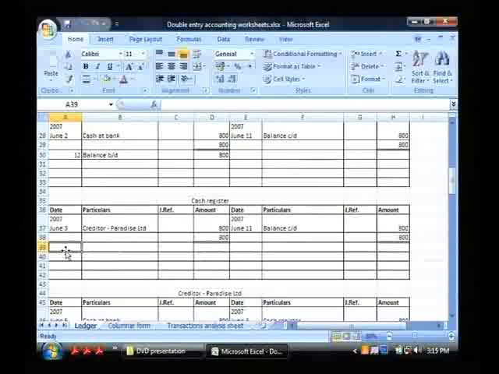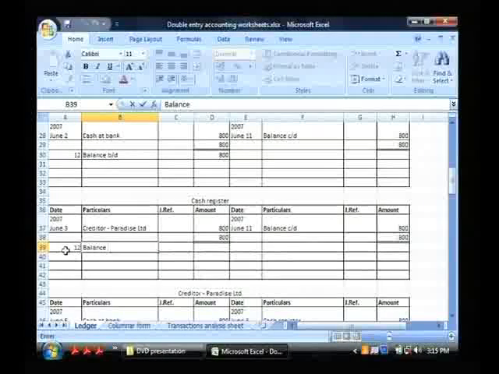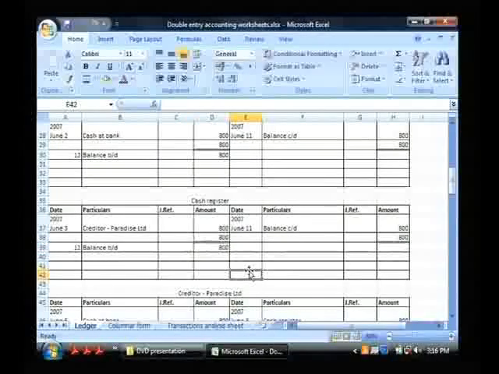So 12th, balance brought down is 800, right?